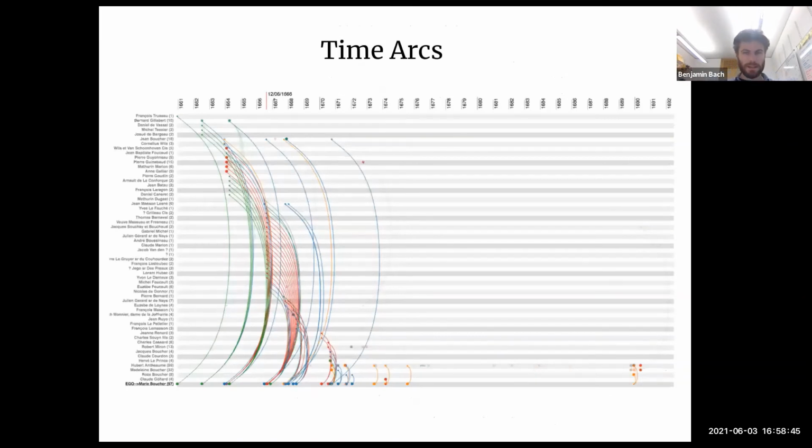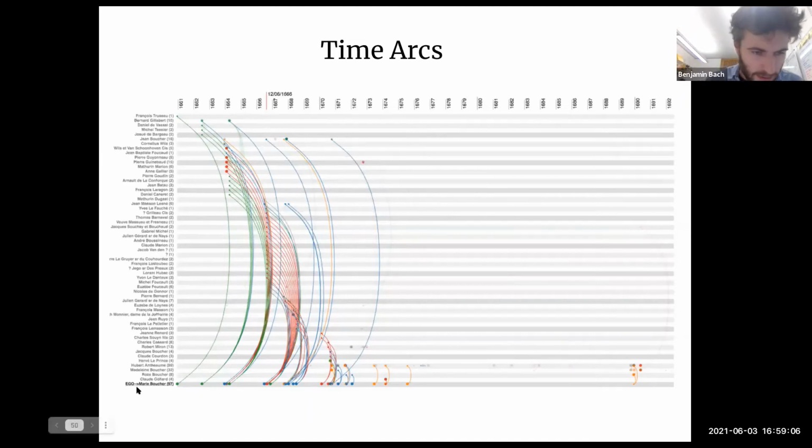And eventually, the last technique I want to talk about is time arcs, which is basically like a timeline from left to right. And then we see all the nodes as lines, basically, as rows. And whenever they're connected, we can create one arc from one day to the other.